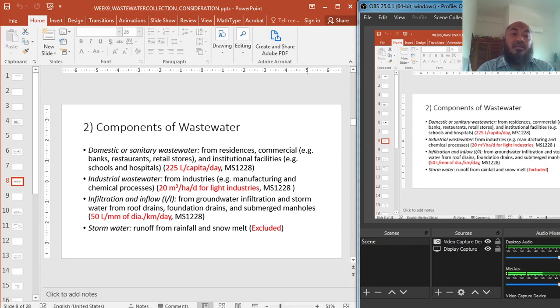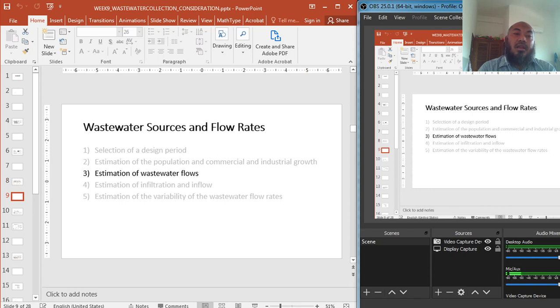The design capacity would be very large, especially with so much rainfall. That's why it is not included in the components of wastewater. Okay, now we go to the core: how to estimate the wastewater flow.